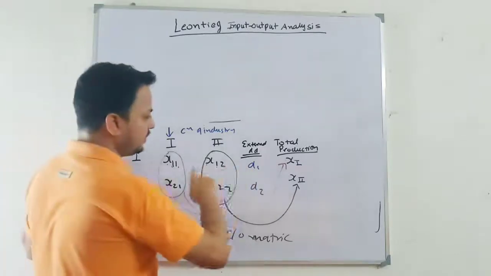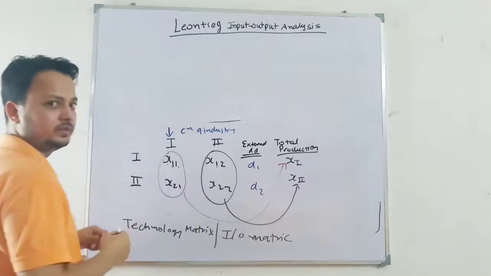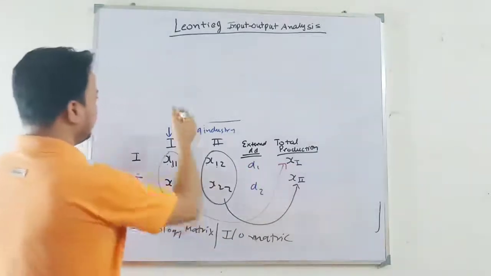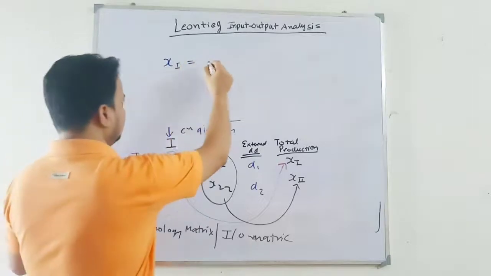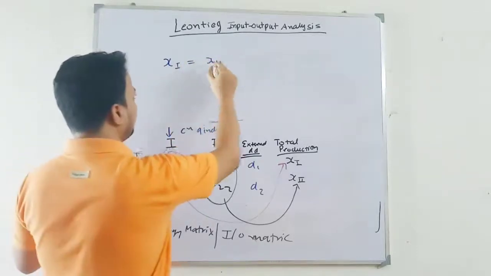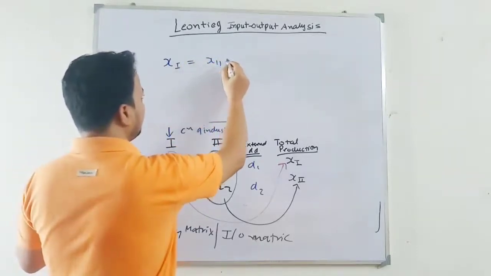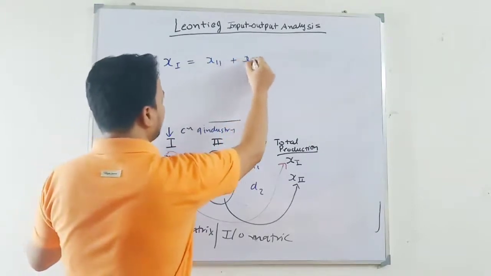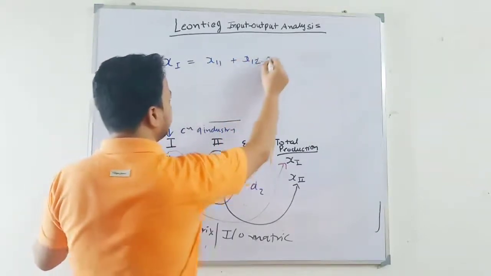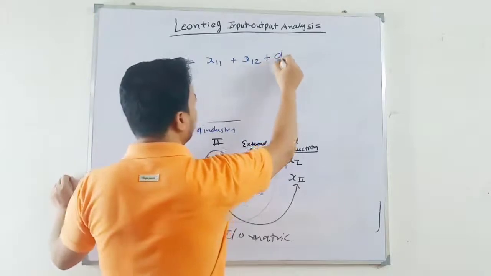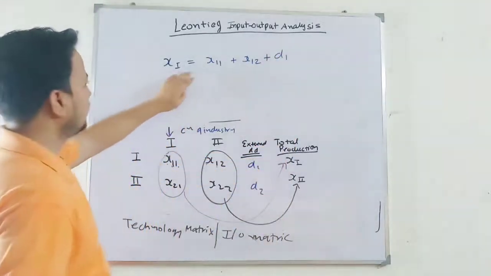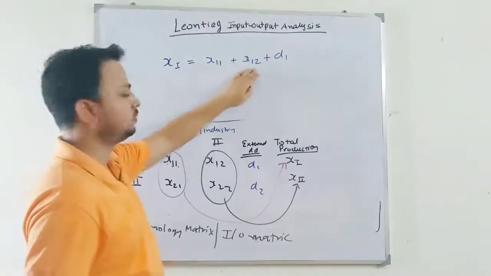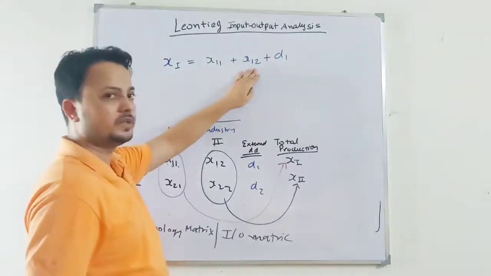When we add up these three things, we get total production of good one. So I can write it here: X11, output of first industry consumed by first industry, plus output of first industry used by second industry, and then external demand from first industry. So this is total production of first industry equal to total demand of first industry.